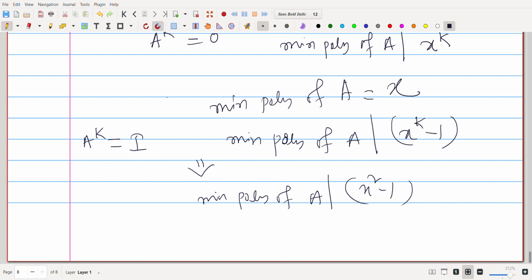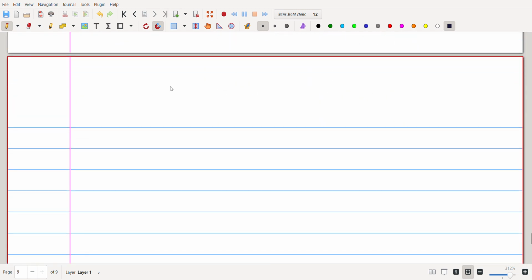Hence A square equal to identity. That is also true. So all the four options are correct here. It is a very simple problem, but you need to know the properties of real symmetric matrix and its diagonalizability. Fine. Move to the next one.